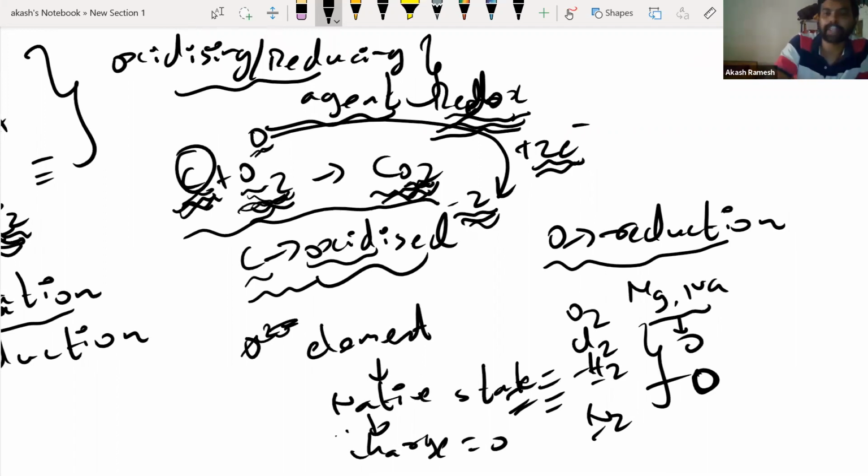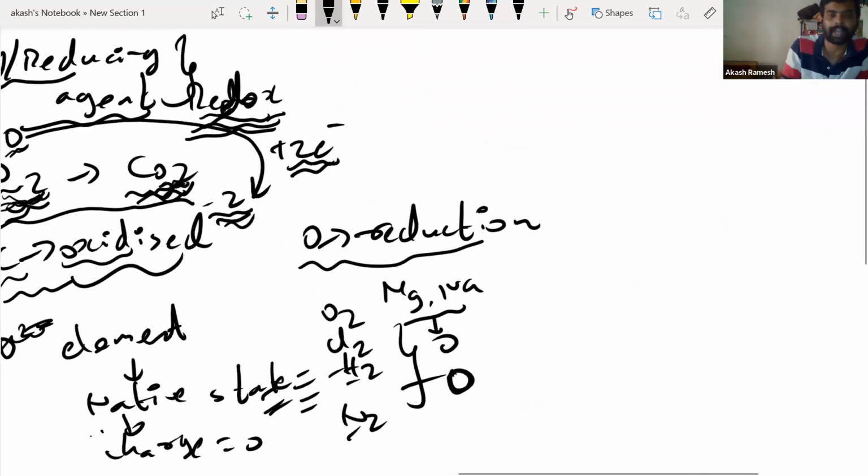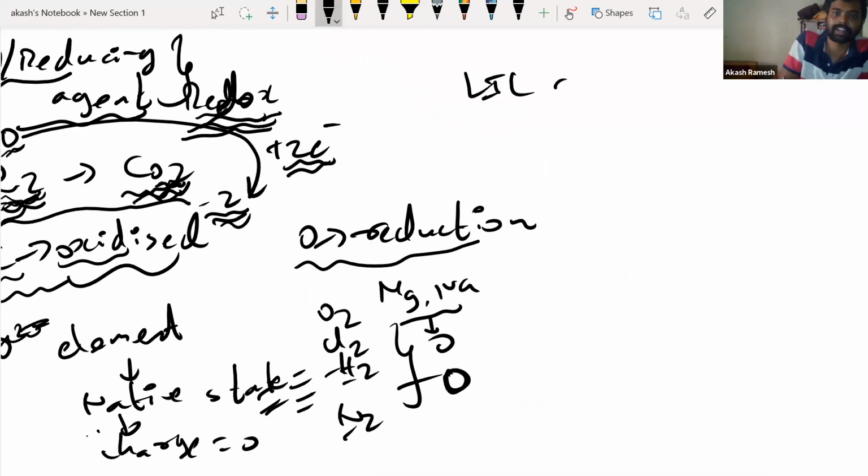Now, generally, say for example, I have an LIC agent. I think you must have heard your father or mother speaking about LIC policies, LIC agents and so on. Generally an agent is the one who helps you get something. Say, an LIC agent helps you get an LIC policy.